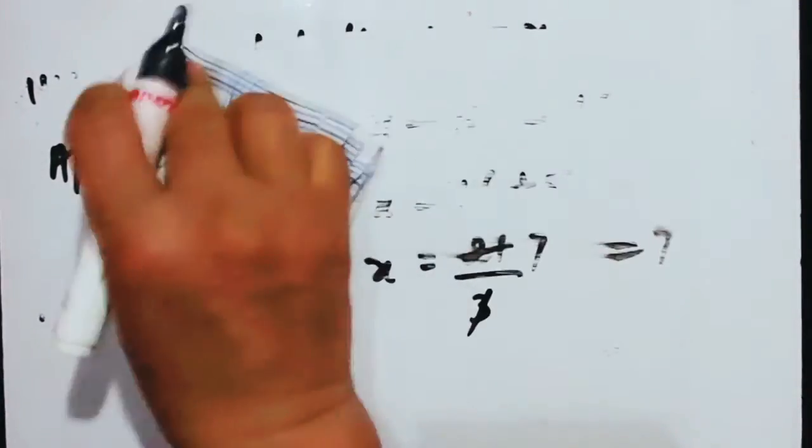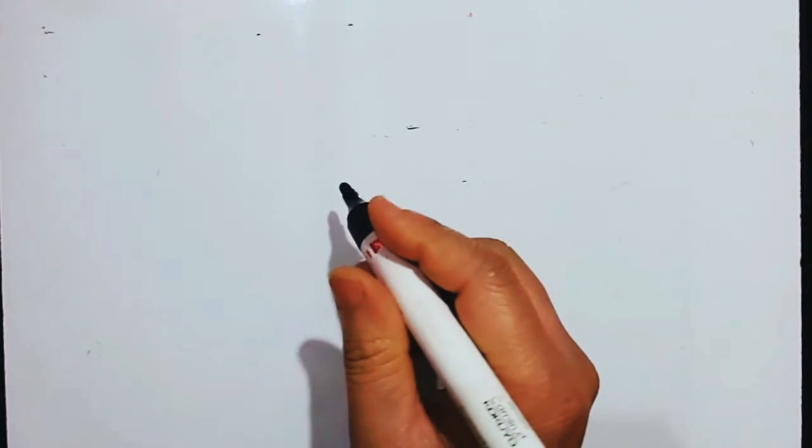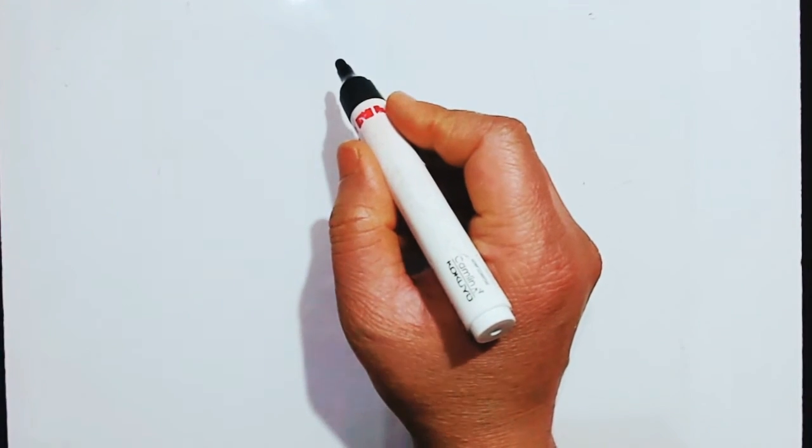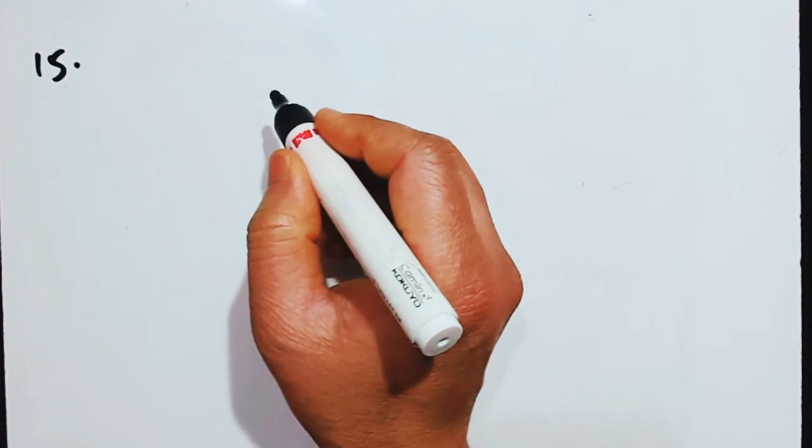Okay, let's come to number 15. Number 15 will be done by me, and it is as easy as the previous one. Find 3 consecutive natural numbers.